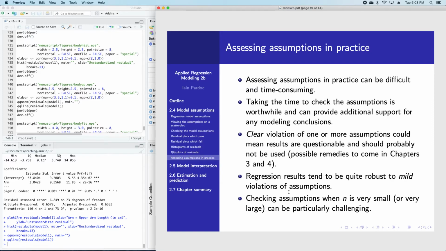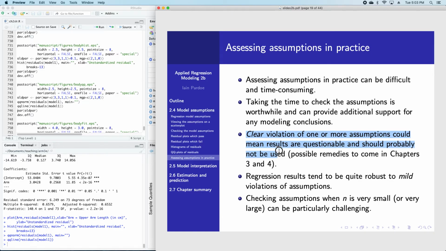So assessing assumptions in practice is actually very tedious and time-consuming and difficult because it involves opinion. It's not at all objective, it's quite subjective, but it is worthwhile doing, and the more experience you have doing this, the easier it'll become, the quicker it'll become, and the easier it is to make decisions. Okay, this plot is fine, but this one isn't.